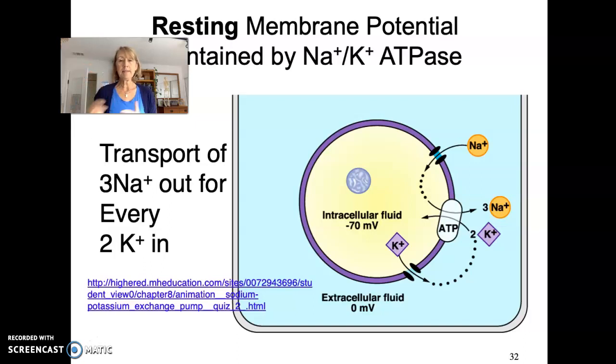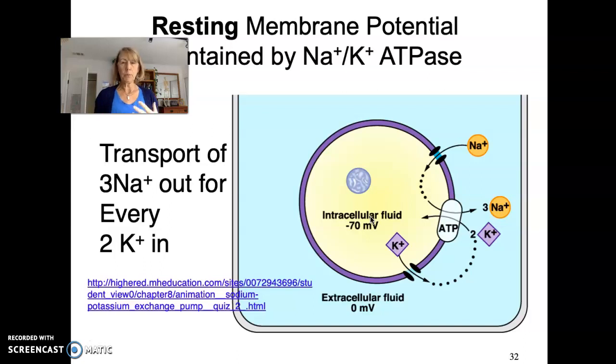And ATP, in this picture, is showing you what it does. It's going to take those sodiums that came in out, because we want more of them out, and it's going to take those potassiums that went out and put them back in. So it's essentially fixing what happened previously. We want to maintain it so that when it's resting, it's at minus 70.